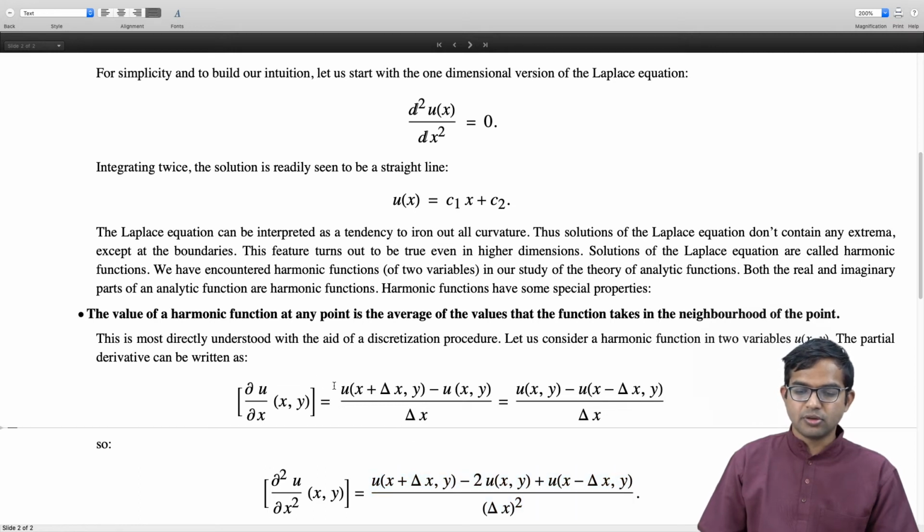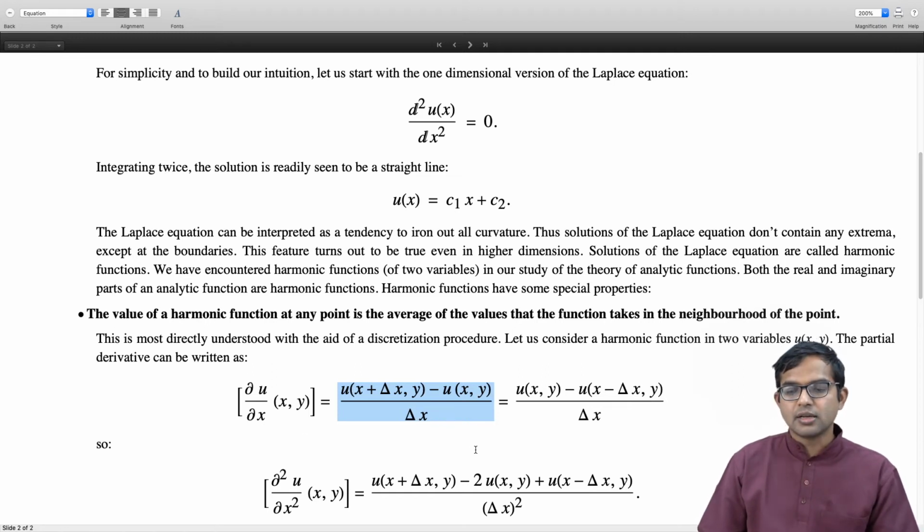So for example, if I look at the first expression here and then use the backward difference to compute the second order derivative, then I will take this whole thing as it is. I'll just rewrite it here, minus u of x comma y minus u of x minus delta x comma y, the whole thing divided by delta x. Then the whole thing itself has to be divided by delta x.